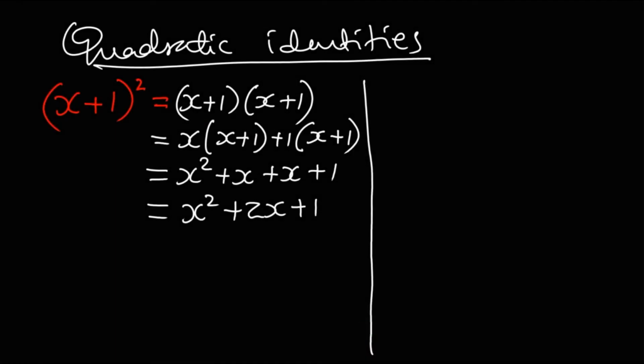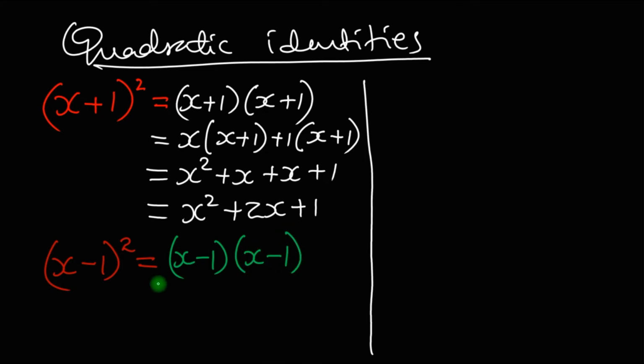Also the same idea, we can use x minus 1 squared, which will also be the same as x minus 1 multiplied by x minus 1, which will be x multiplied by what is in the second bracket, minus 1 multiplied by what is in the second bracket, which is x minus 1.